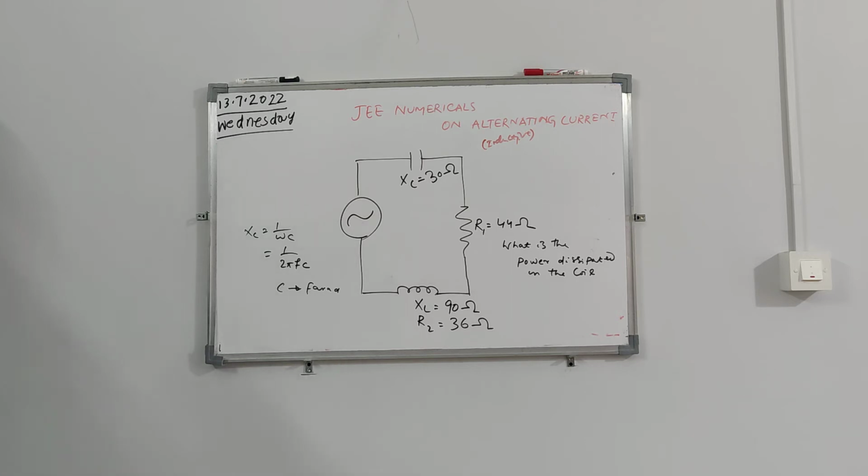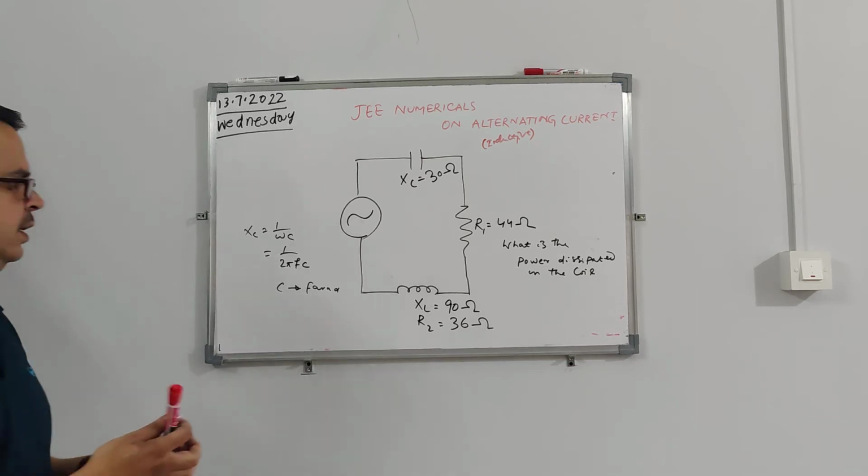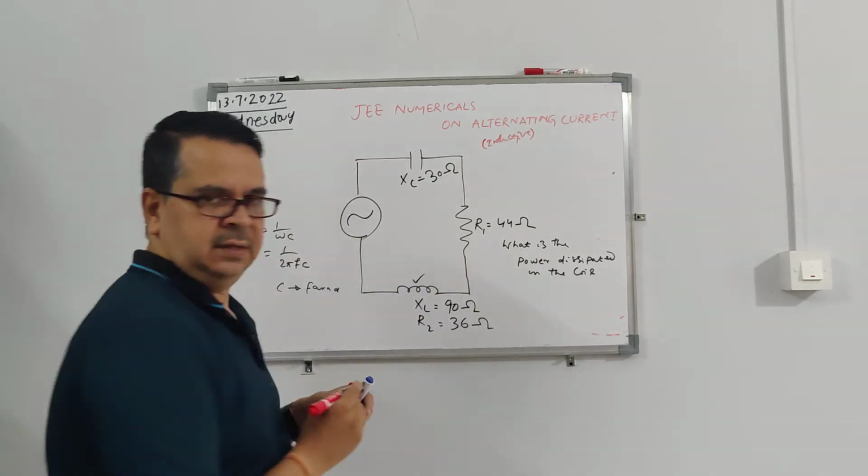To find out the power dissipated, you have to find out the current first. They are asking the power dissipated in the coil, which means this is my coil, the inductor.